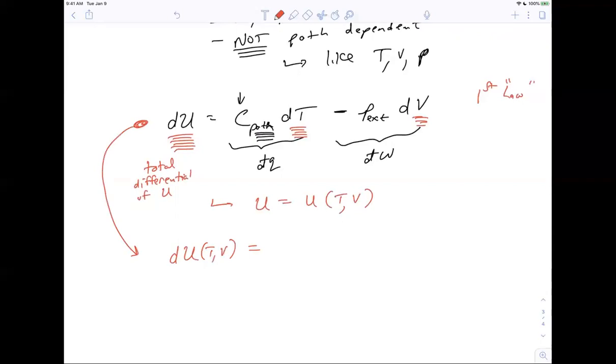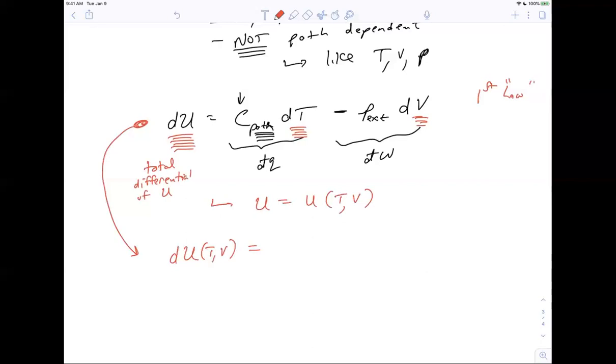So if we're looking at the total differential of u, u can only depend on temperature and volume, the way we've written it here. So u will change by a certain amount if T changes by a certain amount, or V changes by a certain amount, or both.